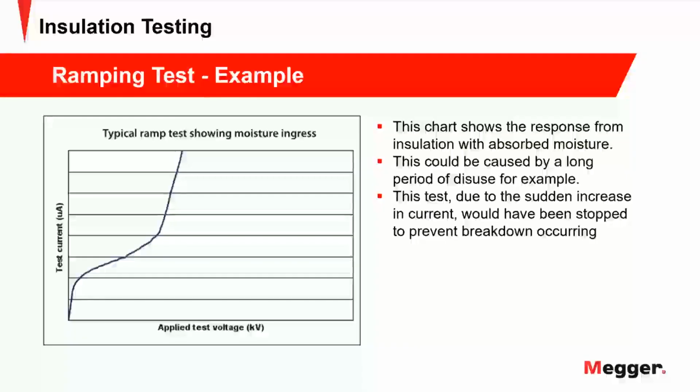And what you'll see is something like this. The line you want to see would just be a straight, consistent rising curve. But now you start to see the current depart from the voltage. That's impending breakdown. That's where the problems with your insulation are allowing too much current to go through to ground, and it's getting ready to break down.